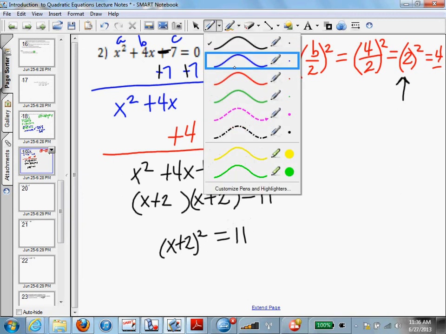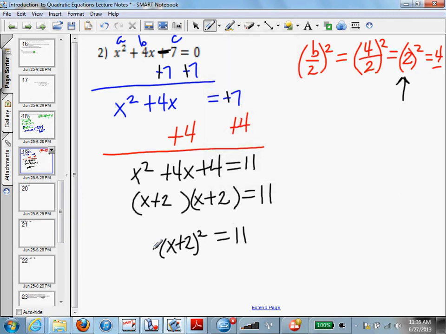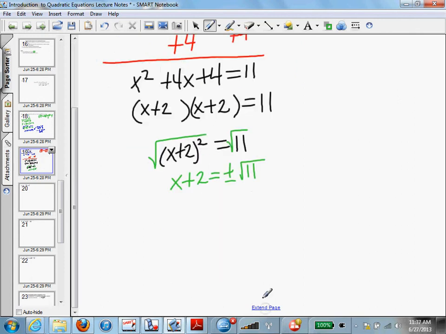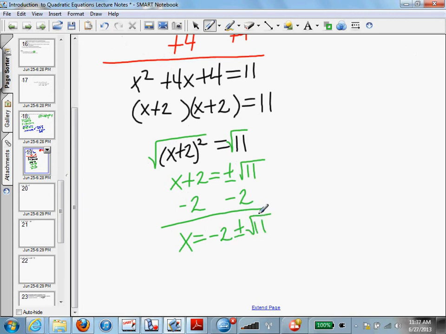Okay, now we want to apply the square root property. So place a square root on both sides of the equation, leaving you with x plus 2 equals plus or minus the square root of 11. And to finally get x by itself, subtract 2 on both sides of the equation. It's going to leave you with x equals negative 2 plus or minus the square root of 11.